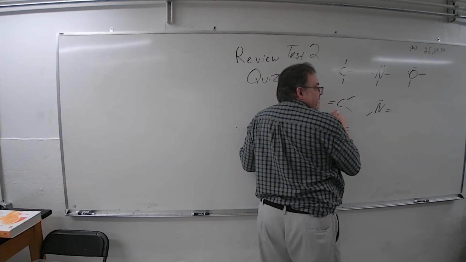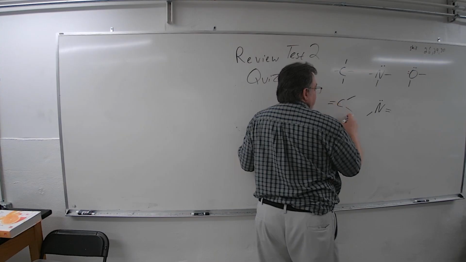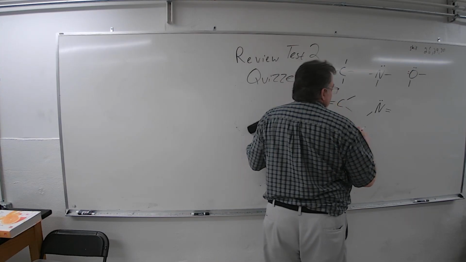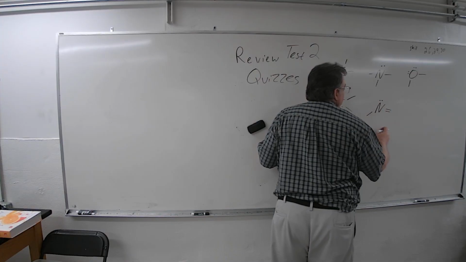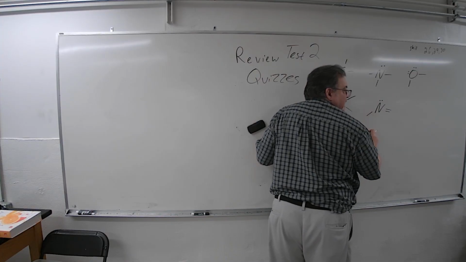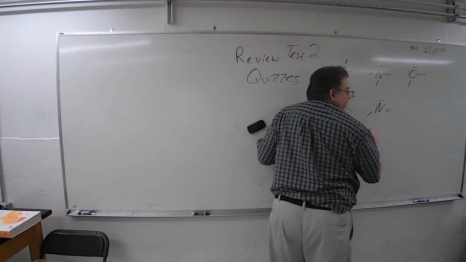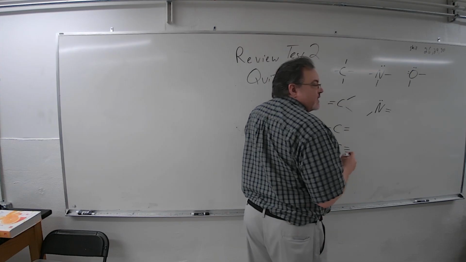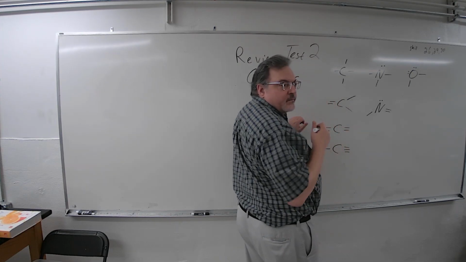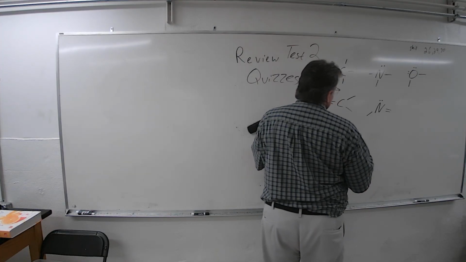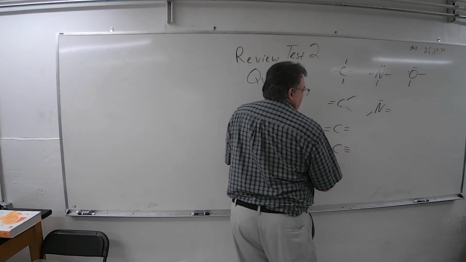This is trigonal planar. So you got your triangle there. No pairs of electrons to it. This is trigonal planar, but you ignore that pair of electrons, you get a bent shape. But this one's bent at 120 degrees. This one's bent at 109.5 degrees. You with me? And that one's linear and that one's linear.